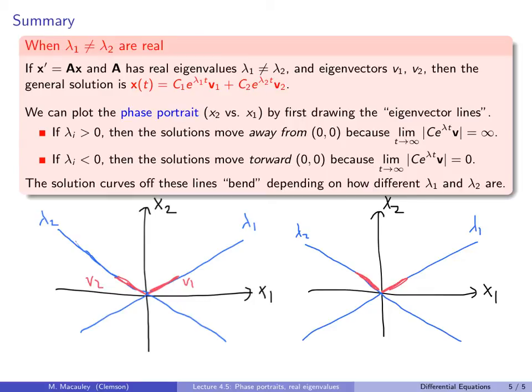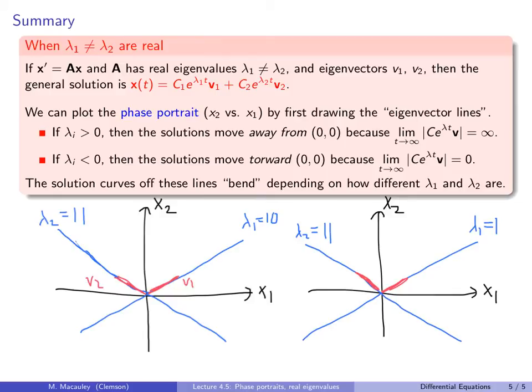Okay, so let's suppose now that lambda 1 is 10, and lambda 2, let's put this up to 11. And then on this phase portrait, let's suppose lambda 1 is 1 and lambda 2 is also 11. Okay, so let's think about what the relative bend and the curves off these lines look like.